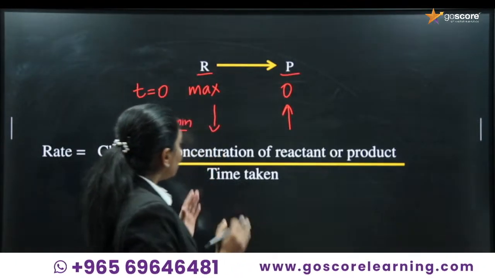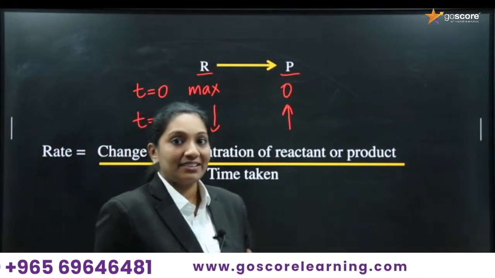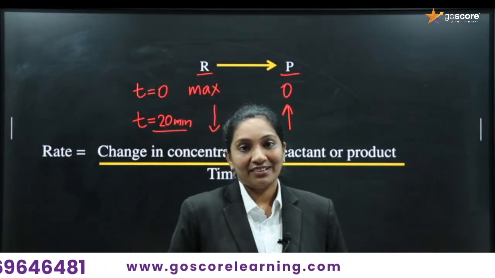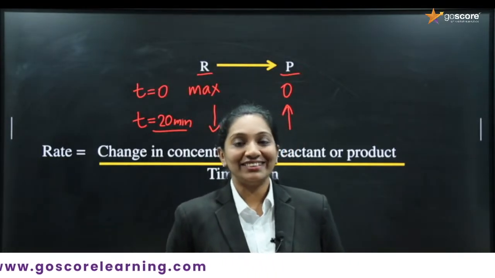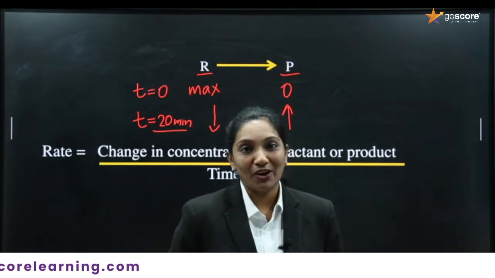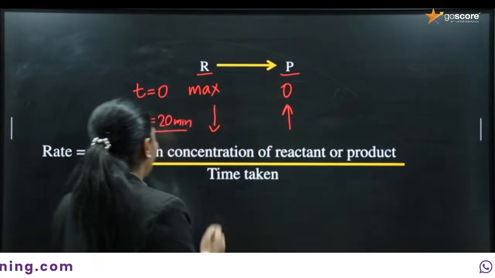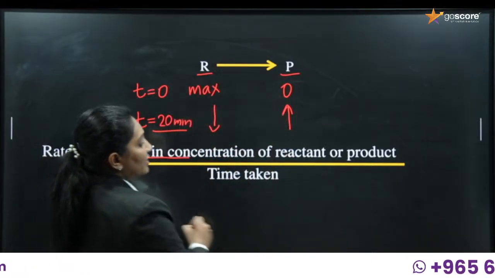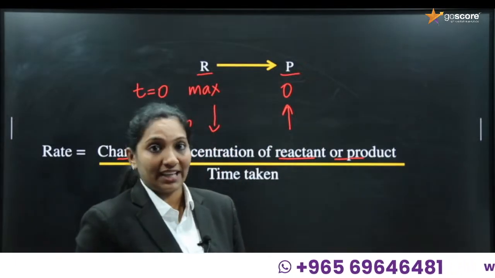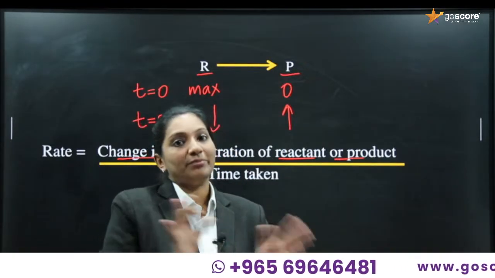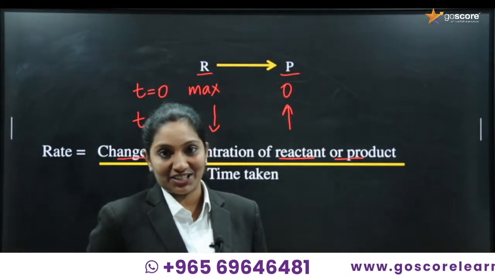Okay. So we can express the speed of this reaction, that is the rate of reaction, both in terms of reactant as well as in terms of product. That is simply the change in the concentration of reactant or product with that particular time. Okay, or the time taken to complete the reaction.